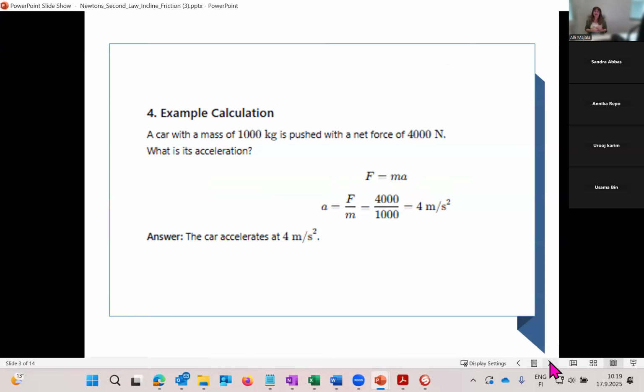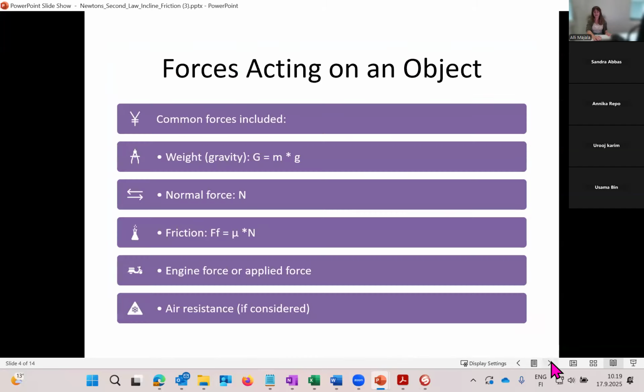If a car is pushed with a net force of some newtons, you could, for example, calculate the acceleration. You know the mass, you know the force, and you can calculate the acceleration. Usually it's not this simple. This is not really a real world example.